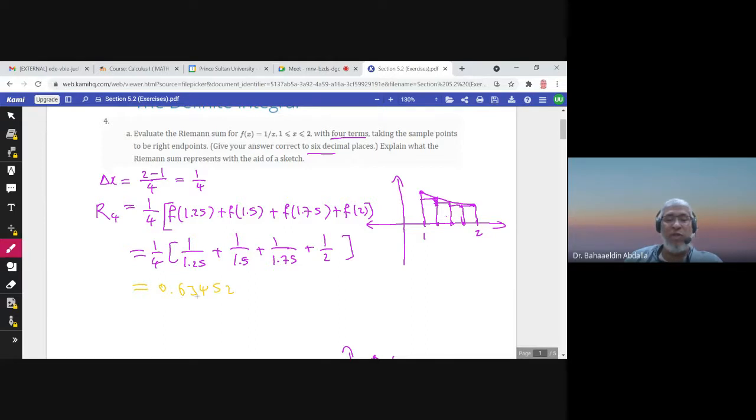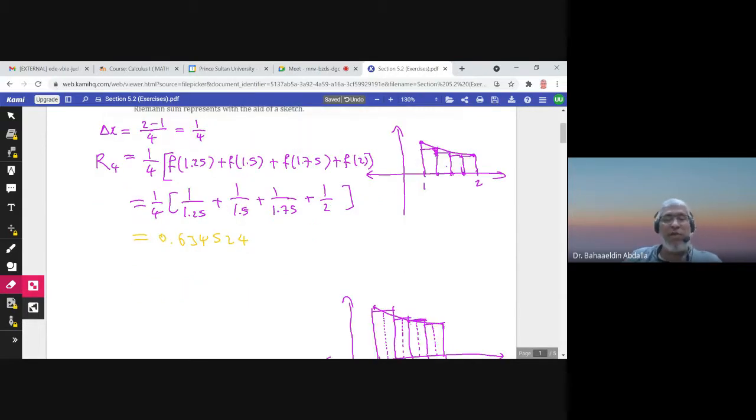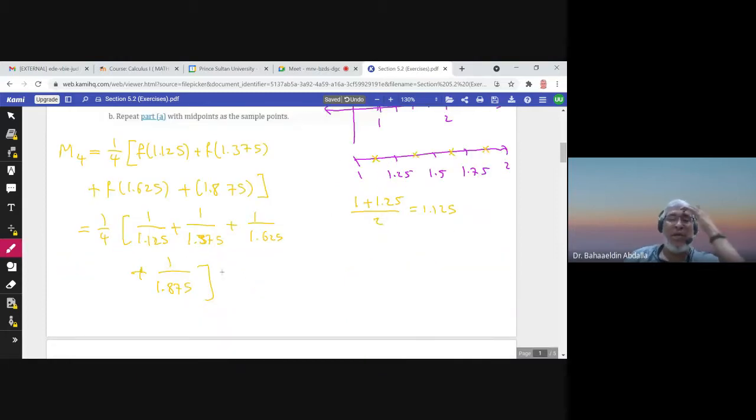How many decimal places? 5. Now the sixth decimal place is 3, and then I have 8 after 3. So correct to 6 decimal places, I will change 3 to 4 because after 3 I have 8 in the calculator. So this would be the answer. So please use the calculator to find the area in this case, or the estimation for the area in this case.